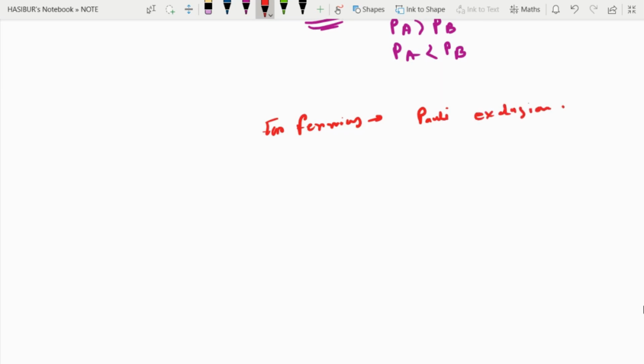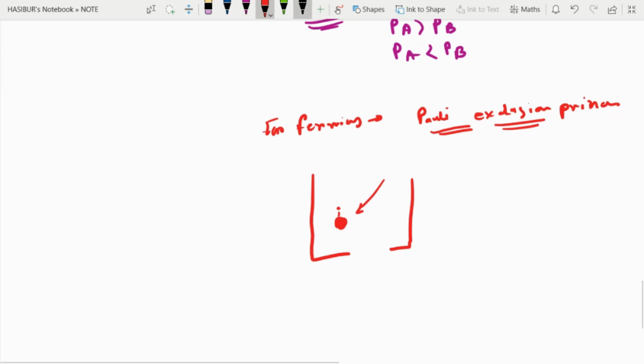They follow the Pauli exclusion principle. That means suppose there is an atom, and one electron is attached to this atom, and another atom is approaching this atom.